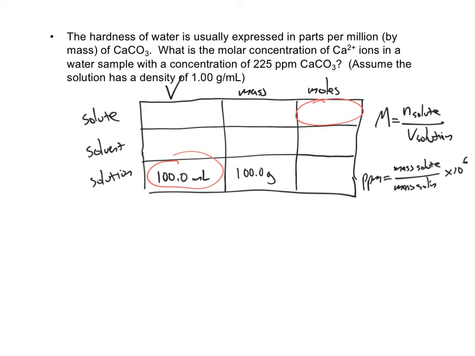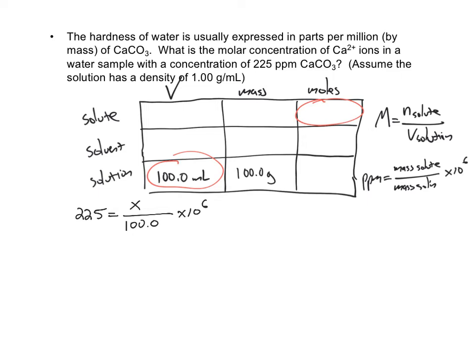So let's fill in everything we have for the ppm, and we're going to solve for the mass of the solute. I'll call that x. So the ppm is 225. We're looking for the mass of the solute. We have 100 grams of solution times 10 to the 6th.